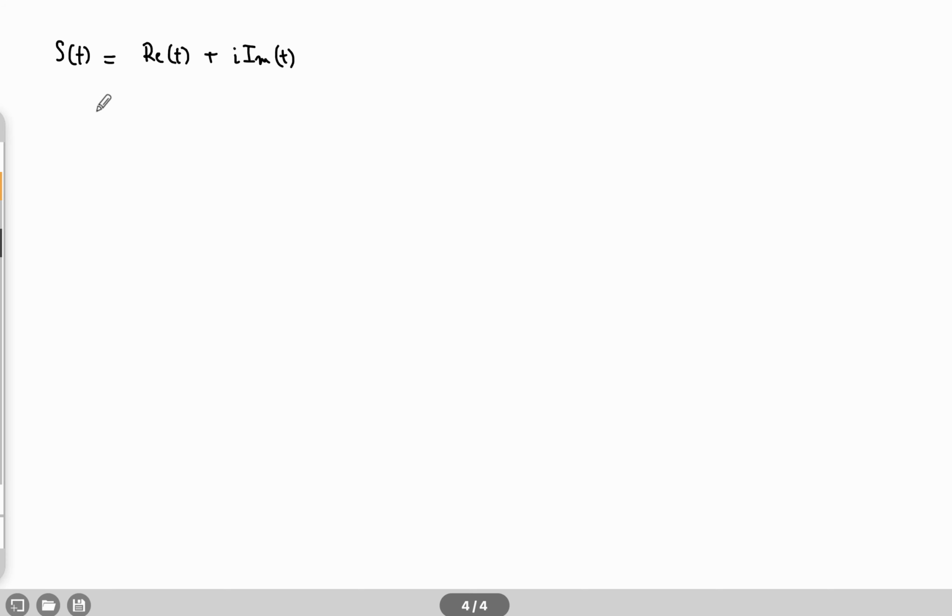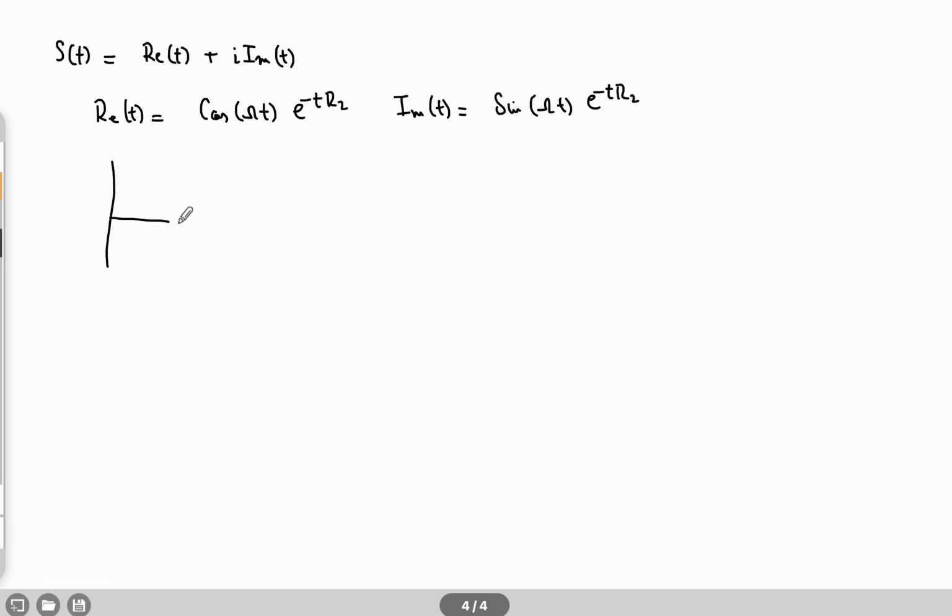and where the real part is given by cos of capital omega t e to the power minus t R2, and imaginary part was given by sine of offset t e to the power minus t R2, and this looks something like a decaying cosine wave.